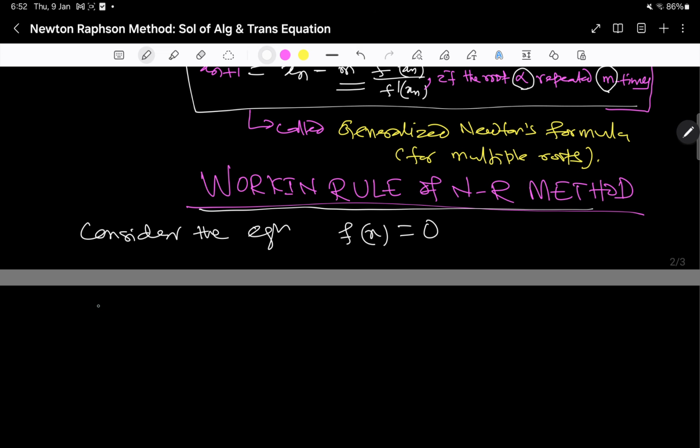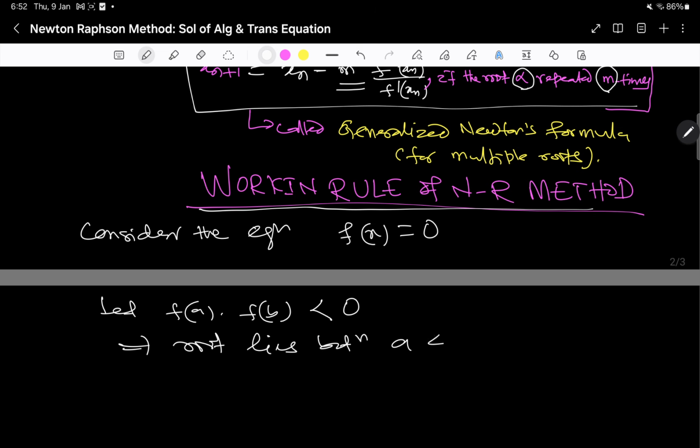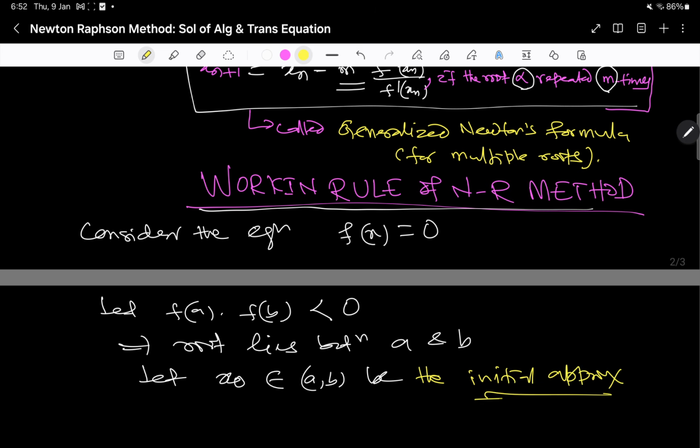Let f a into f b be negative, so that means the root lies between a and b. Let x0 belonging to a b be the initial approximation. It is always necessary to get the initial approximation, right?